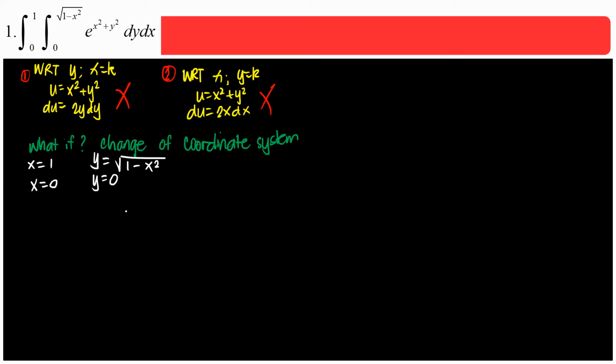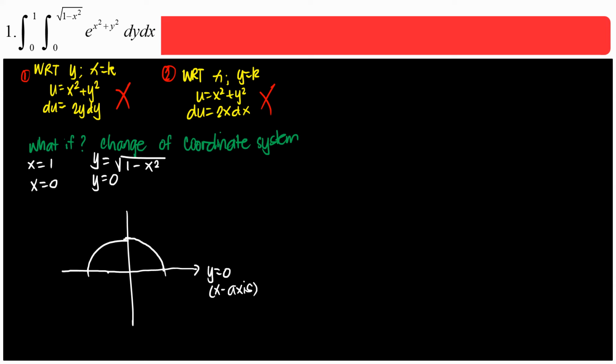So if we are to draw the limits, it says y equals 0. It is actually the x-axis, up to y is square root of 1 minus x squared. So with that, it's actually a semicircle.